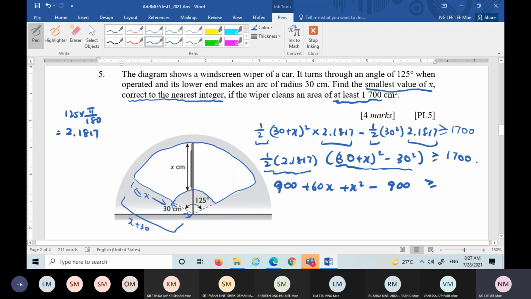Now I have 1700 times 2 divided by 2.1817. Here I get 1558.42. 900 minus 900, this one is gone already. So x squared plus 60x, I rearrange, and this term moves to this side, becoming minus 1558.42. Okay, let's see.